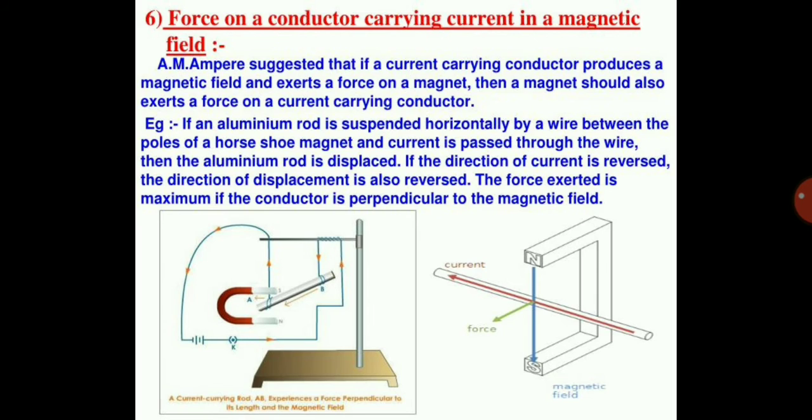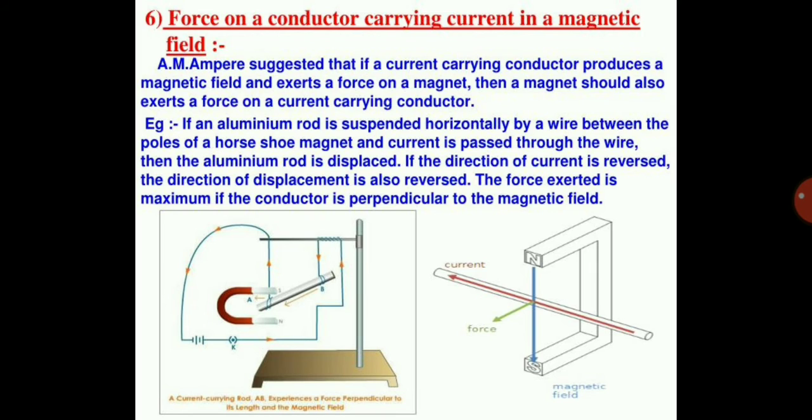If it is producing a magnetic field, it is giving some type of force. Okay, so if the conductor is giving some force, then the magnet should also give some force to the conductor, correct? That is the force on a conductor carrying current in a magnetic field.